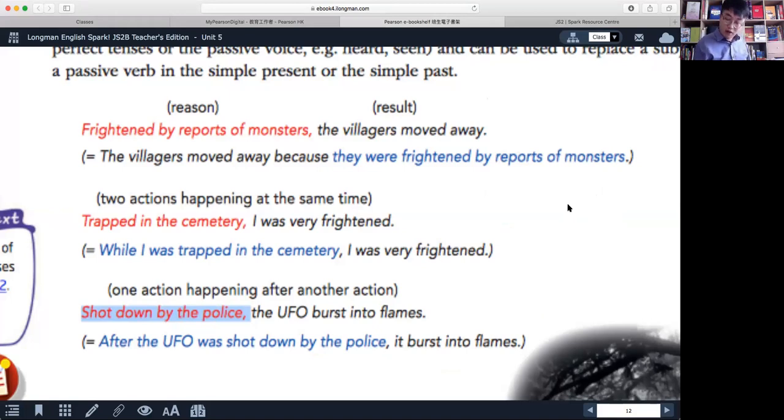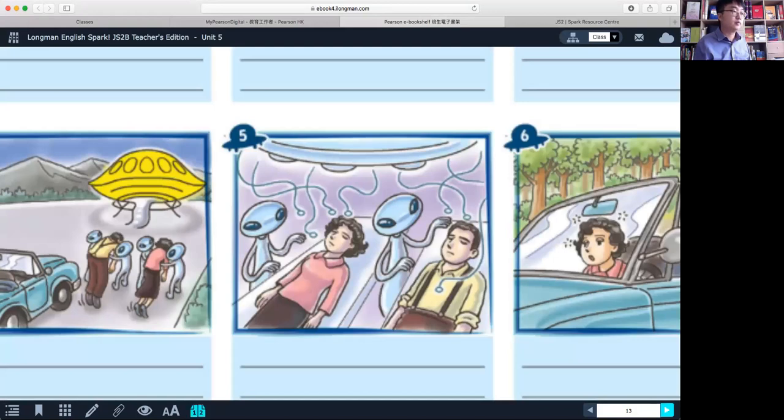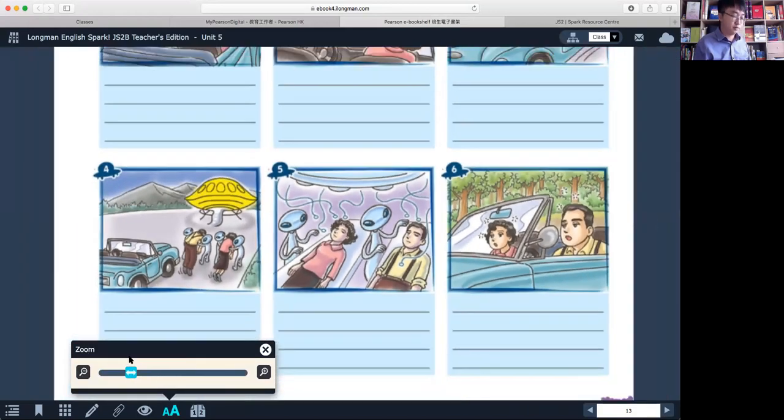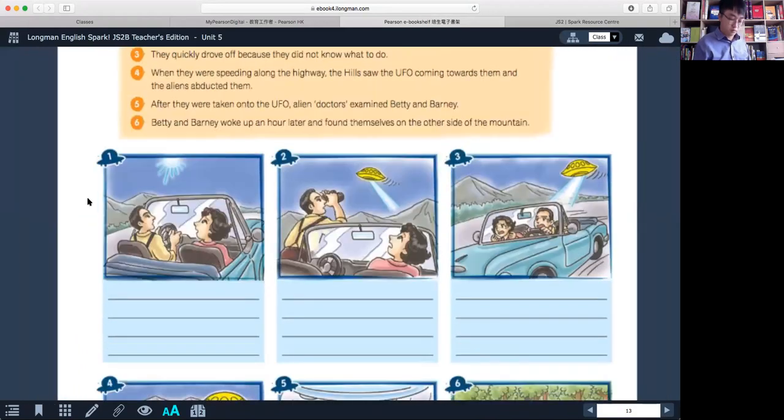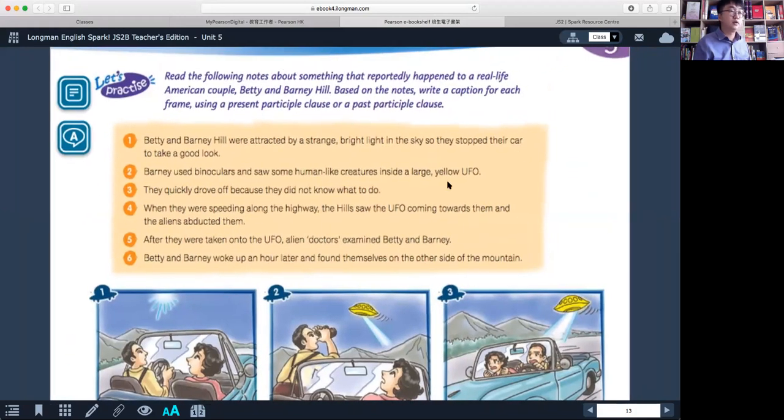Okay? Now, homework time. Finish page 13. Okay, page 13. This is an exercise where you have to form sentences using present participle clauses or past participle clauses.